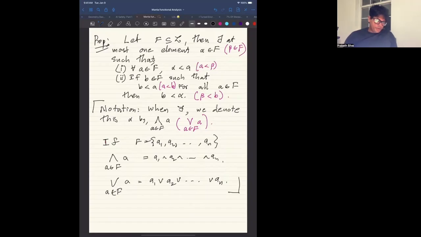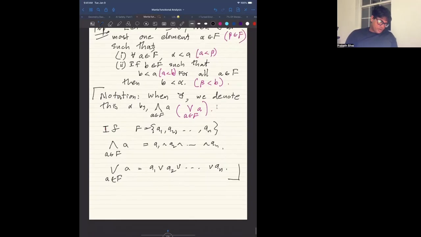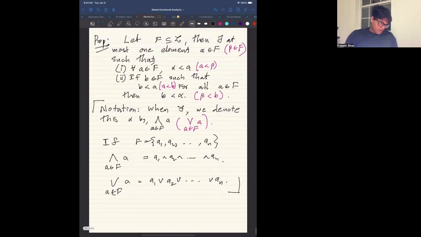So let's prove this thing. What we're doing here, for example, these are the generalizations of supremum and infimum.